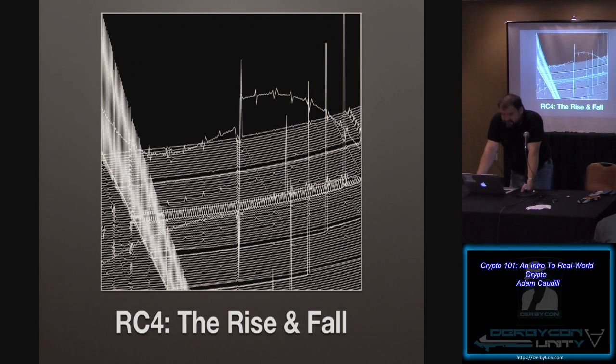In 2013, the academic community finally finished it. What you're seeing there is actually the pattern of the beginning of the key stream. If that was done correctly, you would just see random. There should be no pattern. There should be no discernible anything. The fact that you're seeing this is a clear indication that there is a clear pattern to what's being generated.